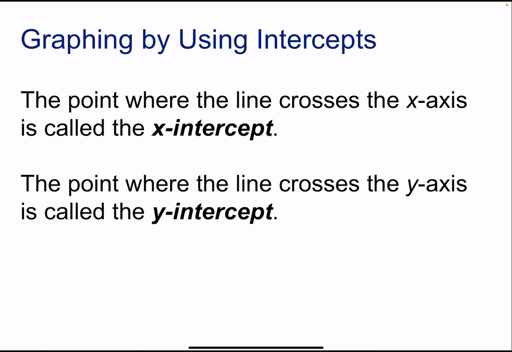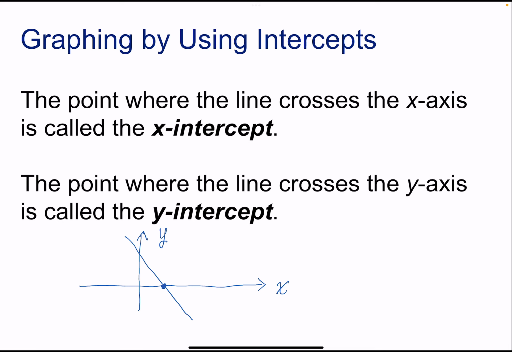Okay, x-intercepts and y-intercepts. What are those? Typically, if you have a line in the xy plane, it will look something like this. Example here, and the x-intercept in this course is defined as this point where the line crosses the x-axis.